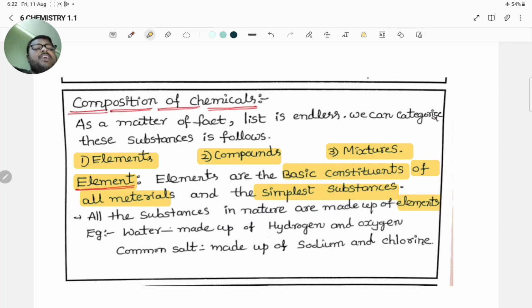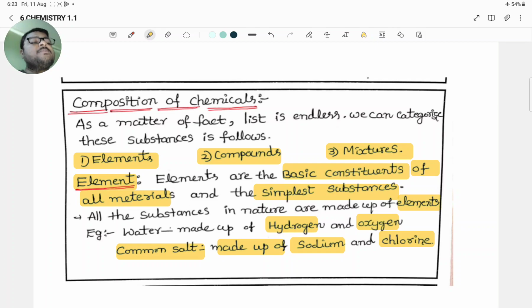For example, water is made up of hydrogen and oxygen. These two are elements. By using elements only, molecules, compounds or substances are formed. Common salt is also made up of two elements, sodium and chlorine. Any chemical substance is made up of elements only.